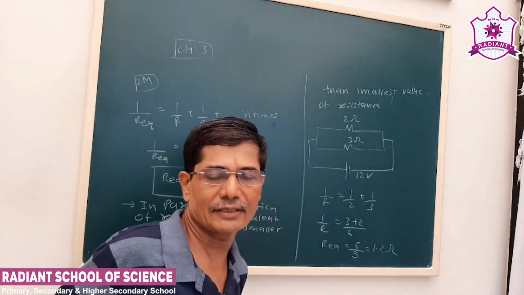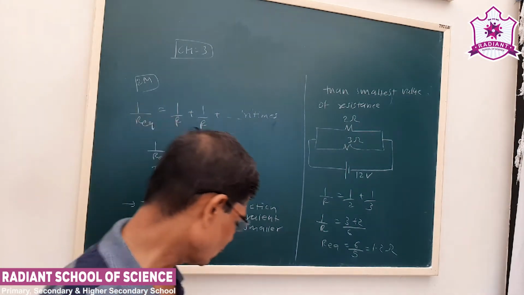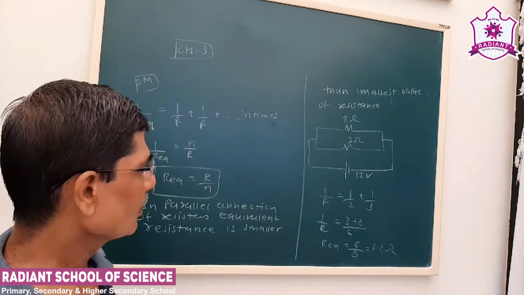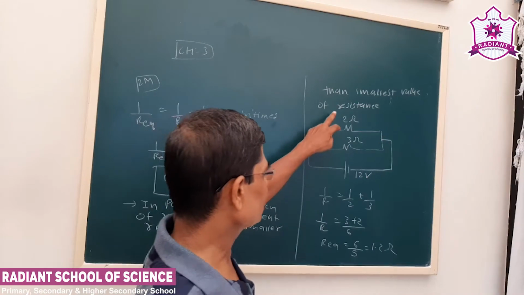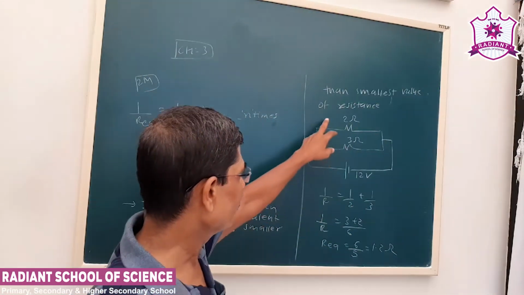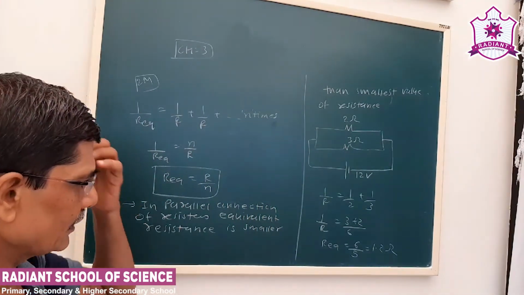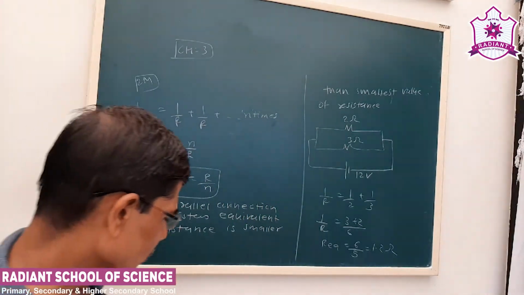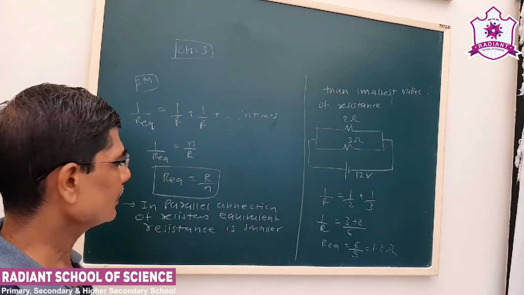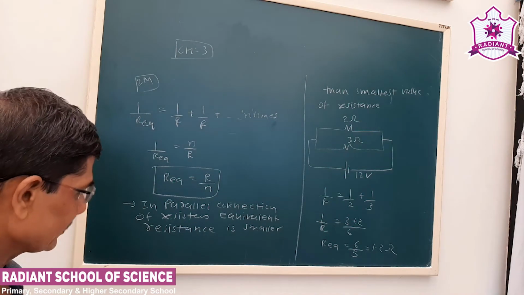That is a common mistake observed in the answers of students. So R equivalent we see is 1.2 ohm. See, out of this 2 ohm and 3 ohm, the smaller value is 2 ohm. But see our resistance R equivalent is even smaller than this. So this is how in parallel connection of the resistors, equivalent resistance is smaller than the smallest value.